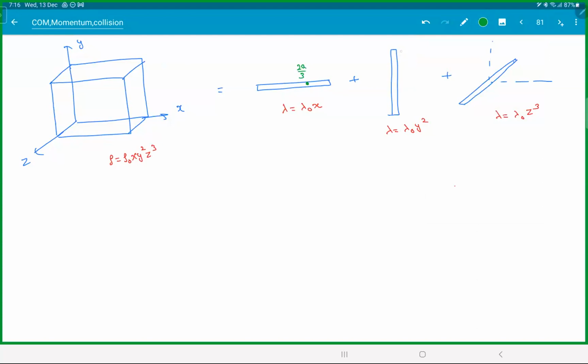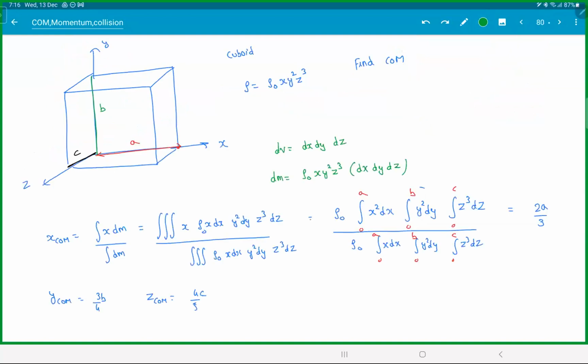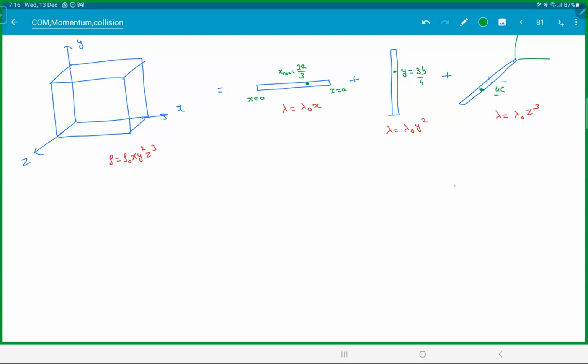For this rod of height b, this is x equals a and x equals 0. This center of mass, y will be 3b by 4. And for this center of mass, z will be, how much did you get? 4c by 5. You can treat them as 3 independent rods, find the center of mass for each rod, and then just get the xyz coordinates.